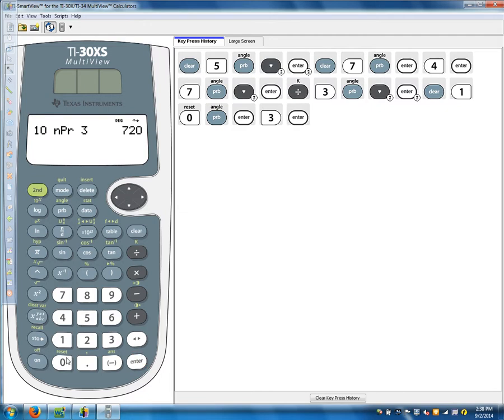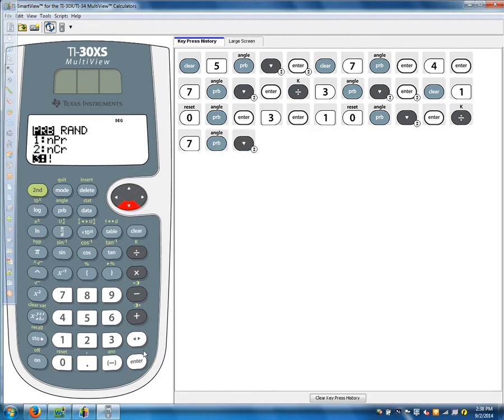I could also do 10 factorial divided by 10 minus 3 is 7, divided by 7, and I'll do the factorial there. 7 factorial, and I get 720. So either way works.